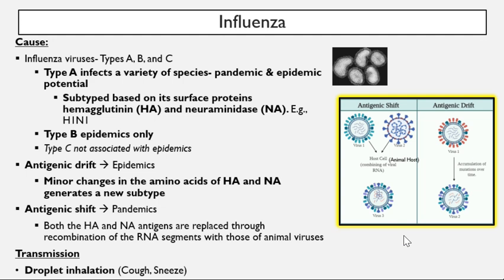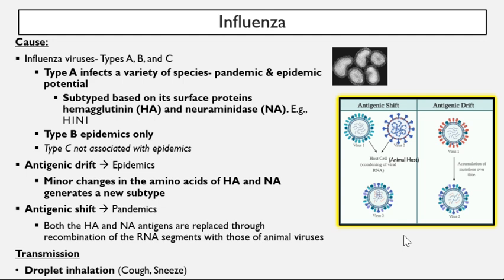With influenza, this is the flu, right? There are multiple different types of flu. Type A is where you infect a variety of species, which can cause either pandemics or epidemics. Do you know the difference between pandemic and epidemic? Pandemic is for the whole world. Yes.